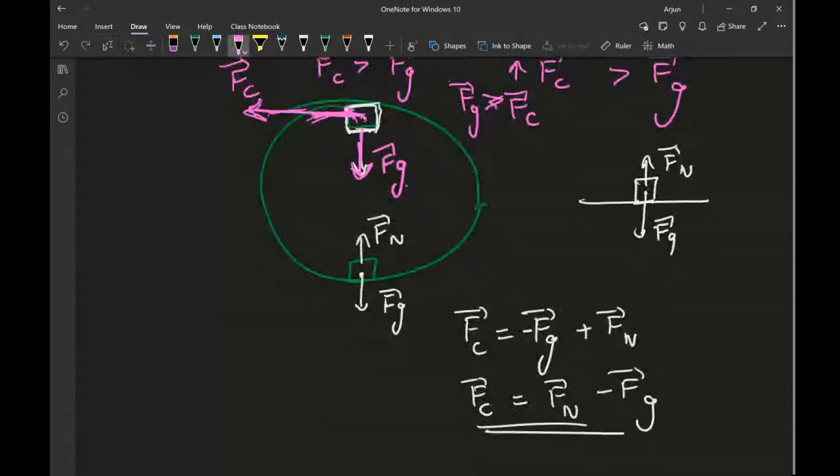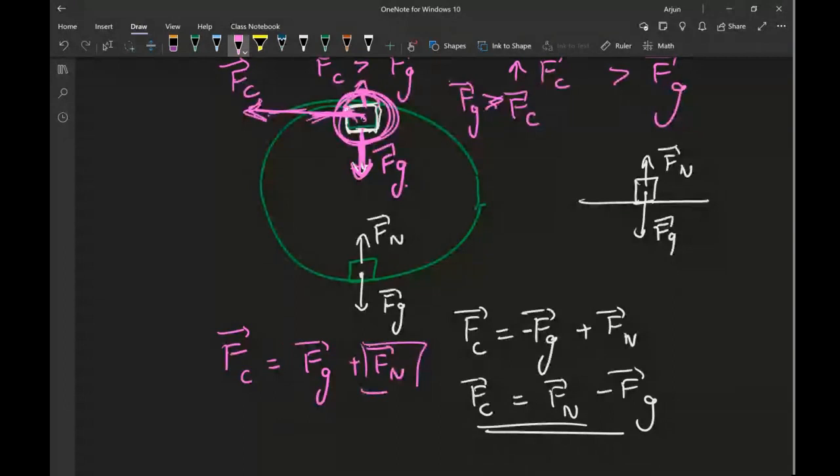Okay, so that's the concept I wanted to use. So I will see what forces are acting when the object is at this location. I will say Fc is equal to Fg plus Fn, because these are the two forces acting, but Fg is acting in the downward direction. There is no Fn in the opposite direction now. So there's no reaction force, so this is 0. So Fc should be equal to mg minimum.